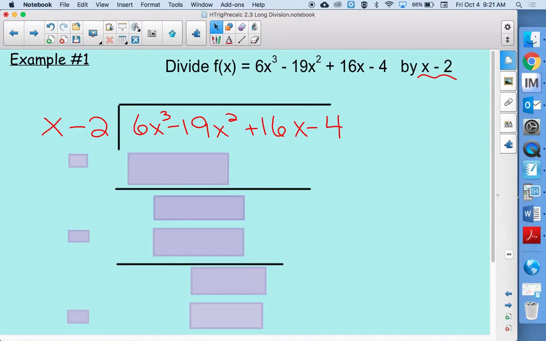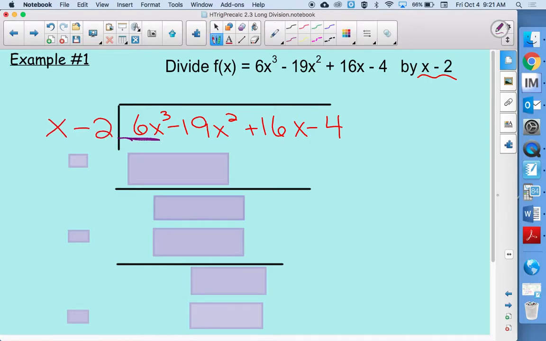We're going to just look at the x, and we're going to look at the first term, which is the 6x cubed. And you need to ask yourself, what would you multiply x by to make it 6x cubed? Just like we did with the first problem. We needed to figure out what we needed to multiply 21 by to get it close to 82. So if I have an x, what would I multiply it by so that it becomes 6x cubed, Dylan?